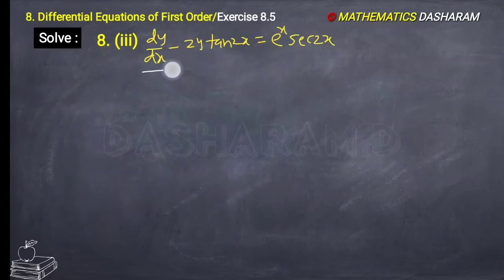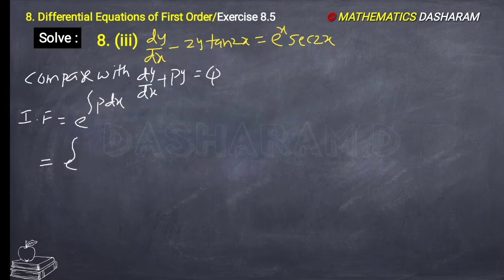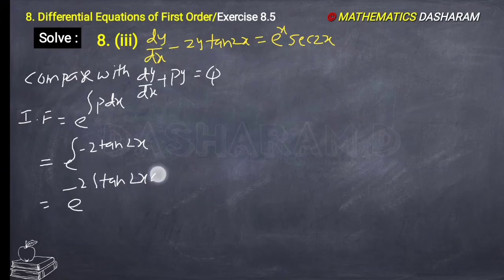Next question: dy by dx minus 2y tan 2x equals e power x into sec 2x. Compare with the standard form. Here p value is minus 2 tan 2x and q value is e power x into sec 2x. Now let's find the integrating factor, e to the power of integration p dx. So e to the power of minus 2 integration tan 2x dx.